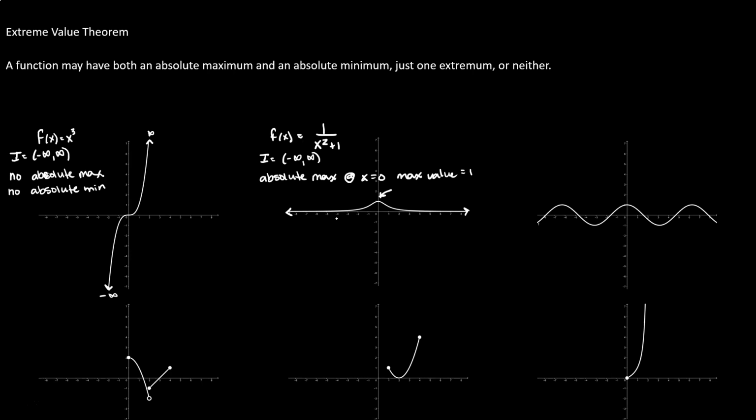And for the minimum, we can see that both tails of this graph are approaching the x-axis, which means a y value of 0. But it's never actually equal to 0. So if you think about asymptotes, they get infinitely close, but they don't actually touch.